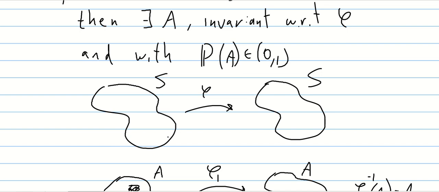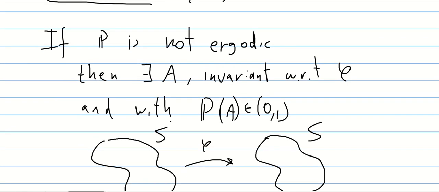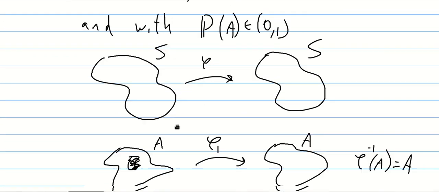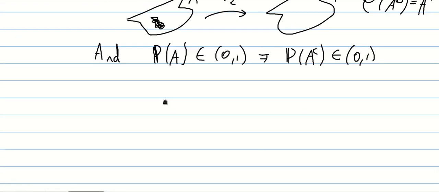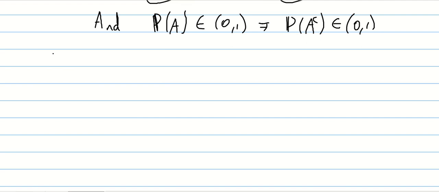Okay, but now the question is, is there such a thing? Does this exist at all? So what we're going to give now are some examples of ergodic things. So let's keep the tradition of giving first example 0.